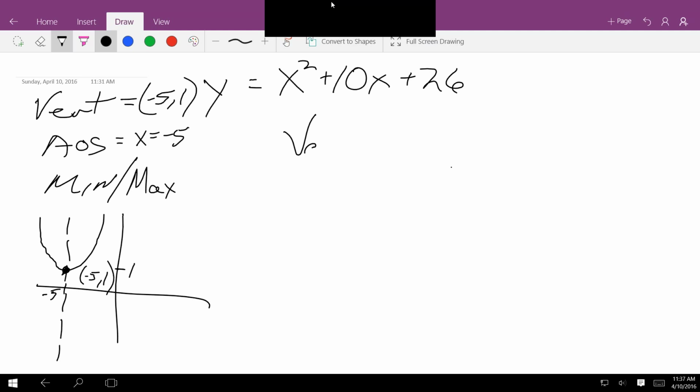First of all, the x-coordinate of the vertex is equal to negative b over 2a. Well, what is that in this case? That's a relatively easy calculation also.